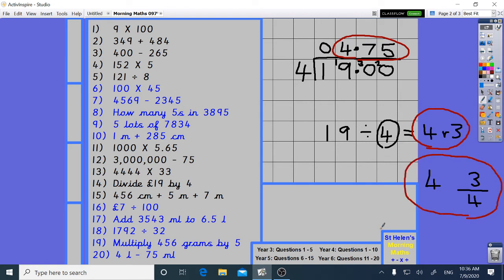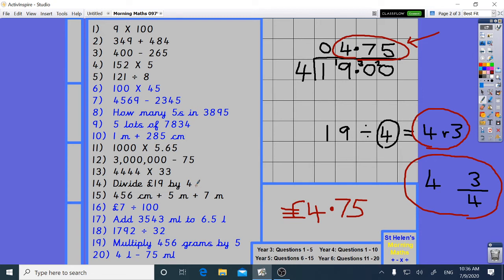And which answer you would like, if it's money, we definitely want 4.75. That's definitely the answer we want for money, £4.75. But if the question was not money, it was talking about sharing children into groups, you would say 4 children remainder 3, because you don't split children up into decimals or fractions, obviously. If you were talking about cakes or something, you might do 4 3/4, because cakes are often chopped up into fractions, aren't they?